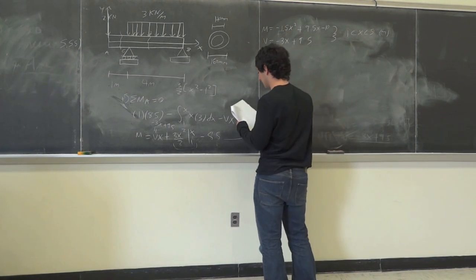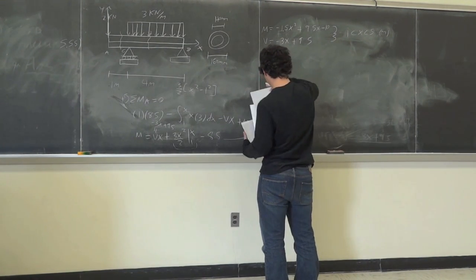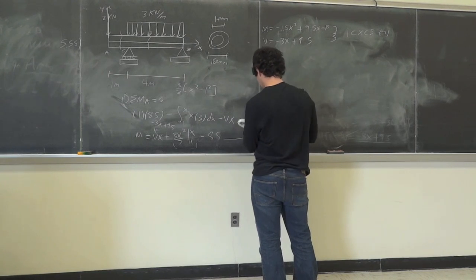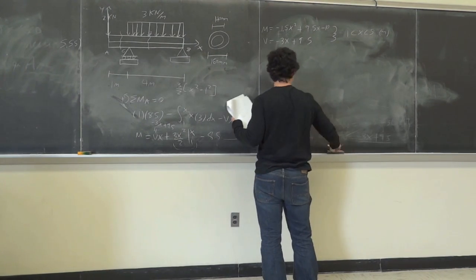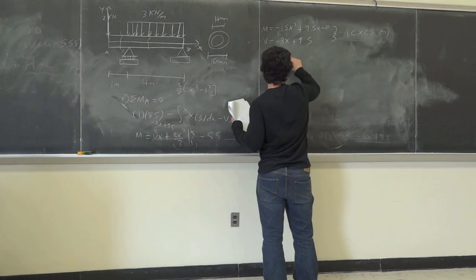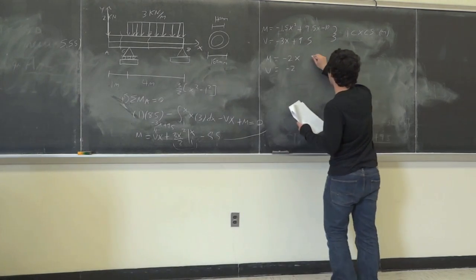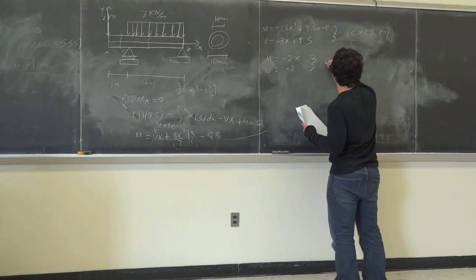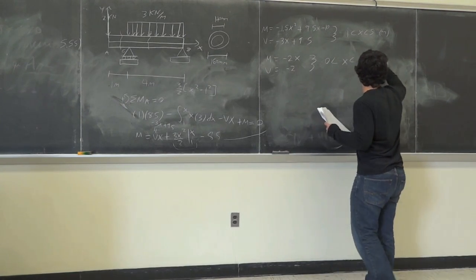And then for the first section, let me list it manually. We found that M is equal to minus 2x and V is equal to minus 2. And this is from 0 less than x less than 1 meters.